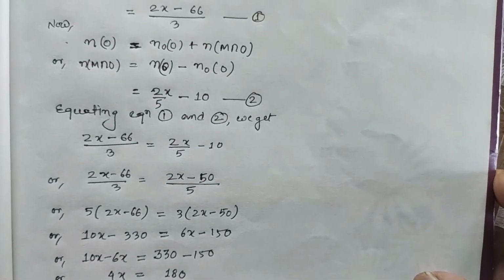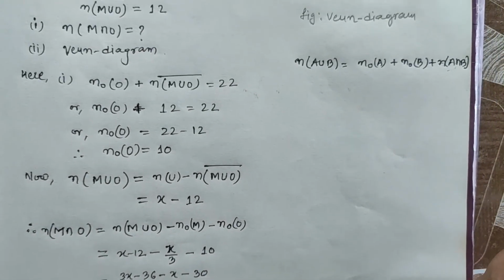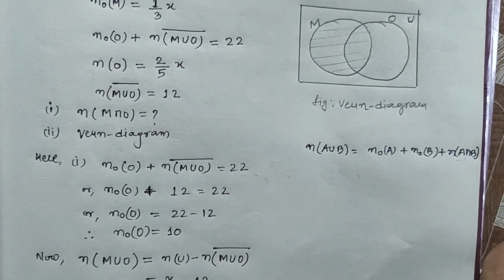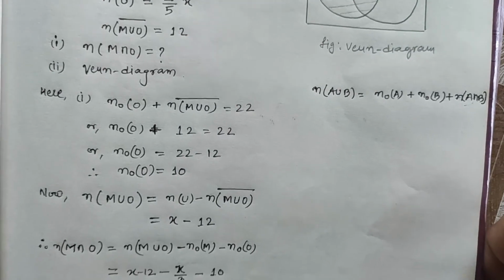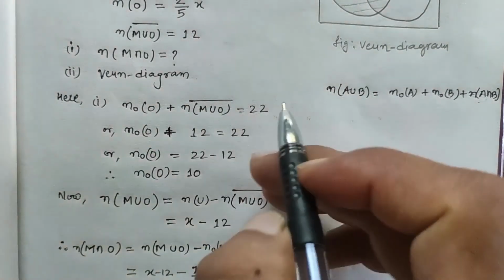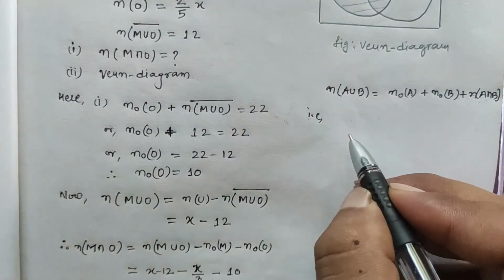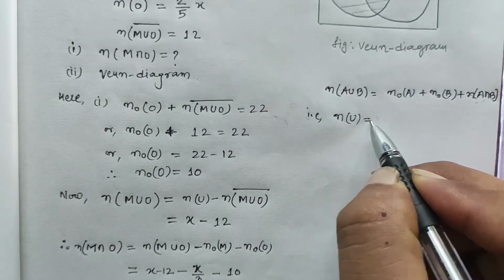We have found the total number of children surveyed in the survey. The total number of children in this survey is 45. n(U) is 45. That is, I am solving from last to here.